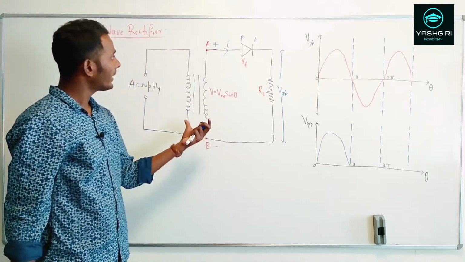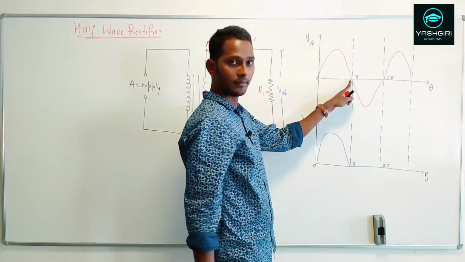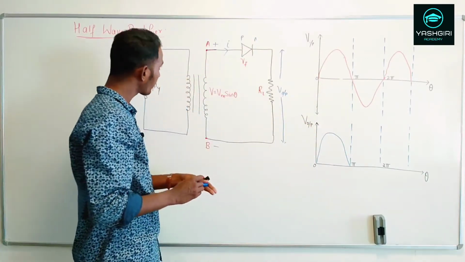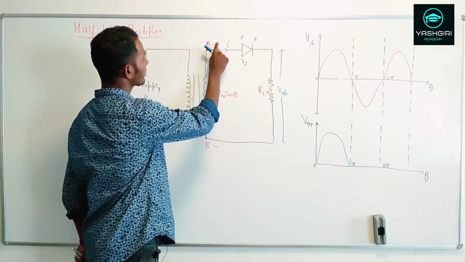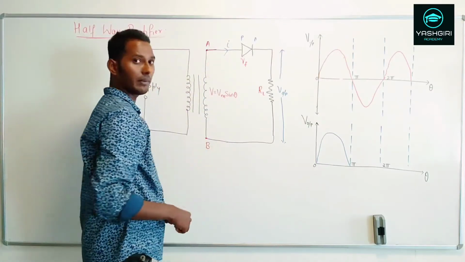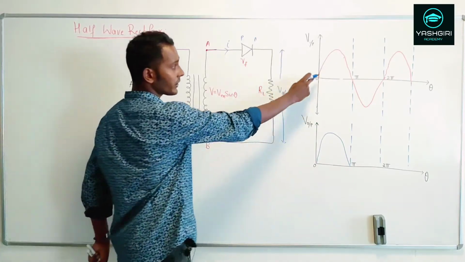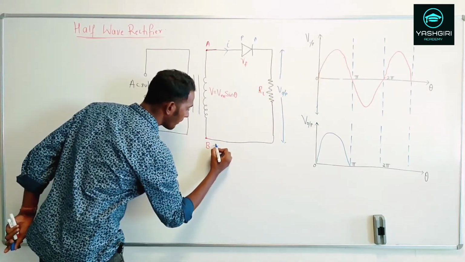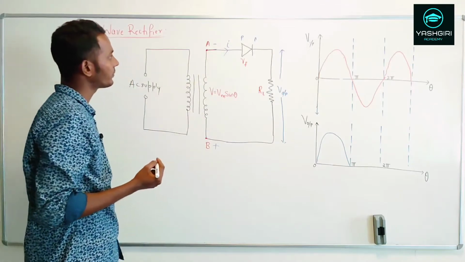Now after some time, as it reaches pi, the polarity changes. When the polarity changes, A will be negative and B will be positive. B, which was negative during the positive half cycle, will now be positive with respect to A, which is negative.